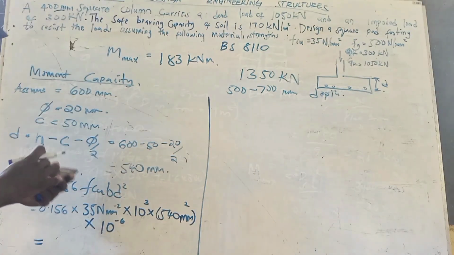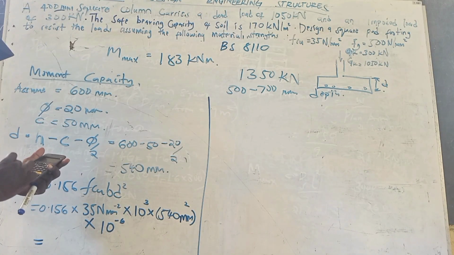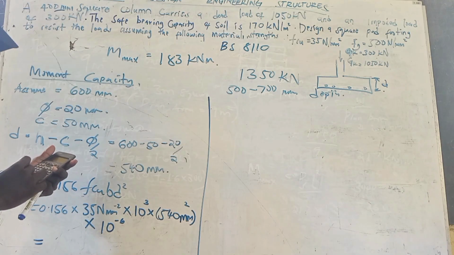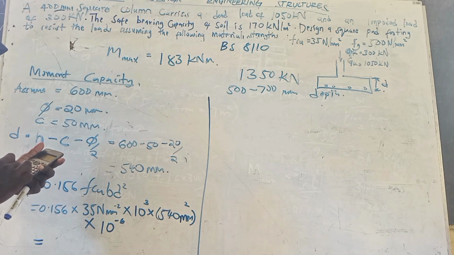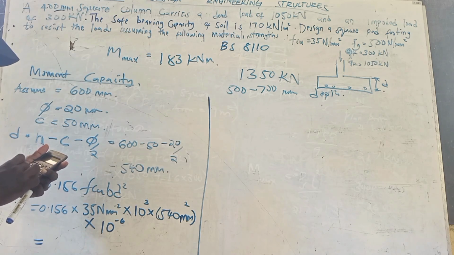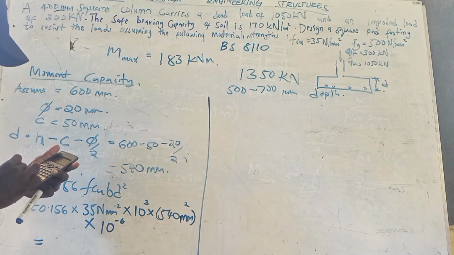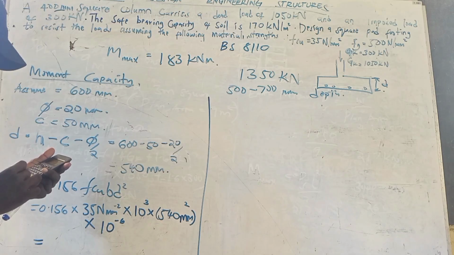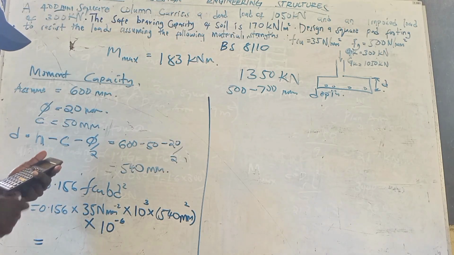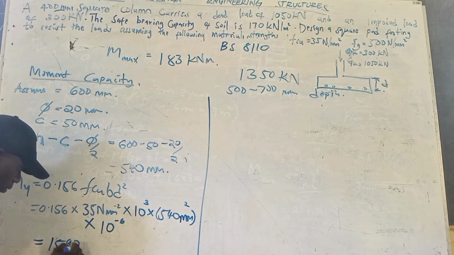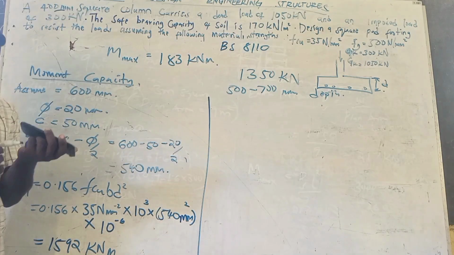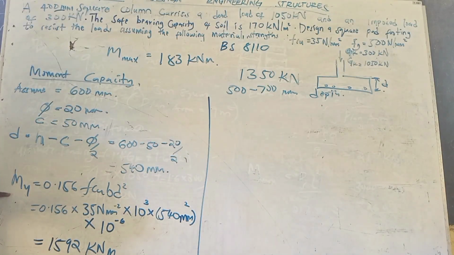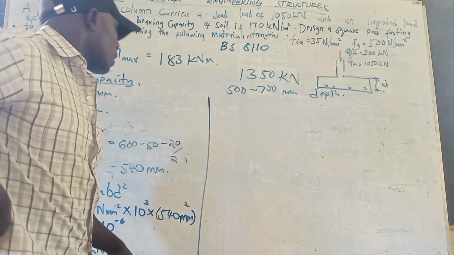So when I feed this into my calculator here, I'm going to have a value of 1592 kilonewton meter. Are you together? Up to that point, we have our ultimate moment of resistance as 1592.